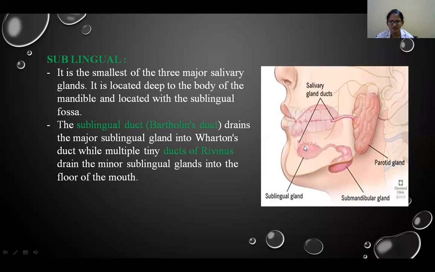Finally, it drains into the floor of the oral cavity on either side of the frenulum. The submandibular gland and sublingual gland open into the floor of the oral cavity, whereas the parotid gland opens into the vestibule towards the upper second molar tooth of the maxilla.